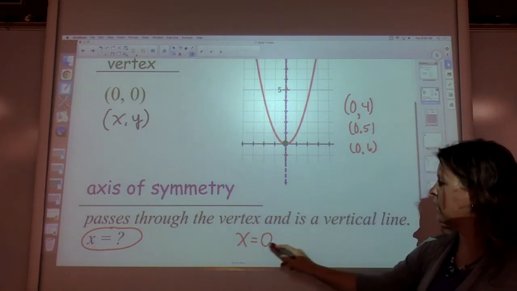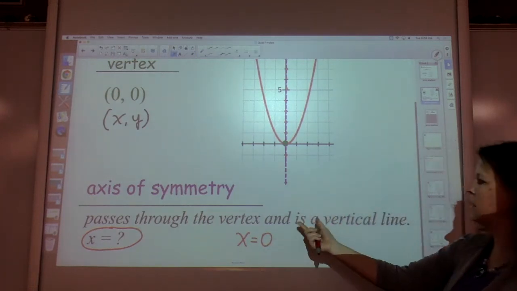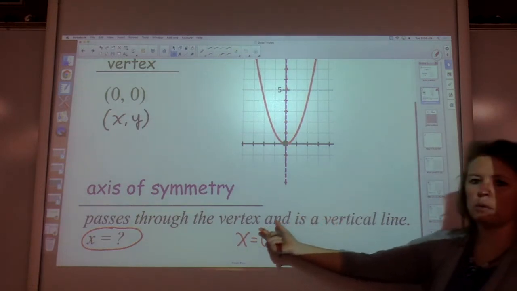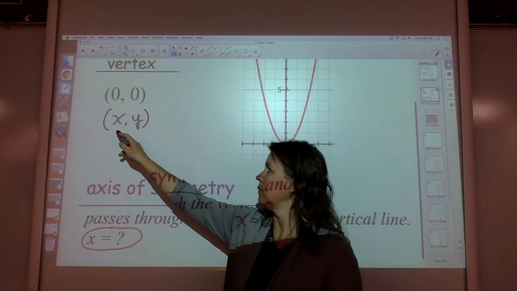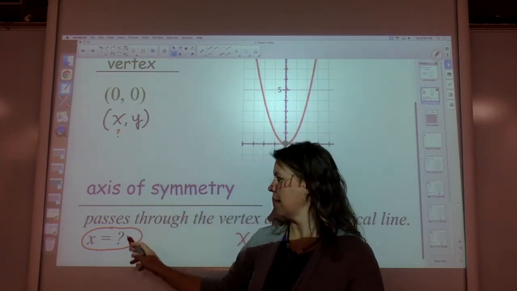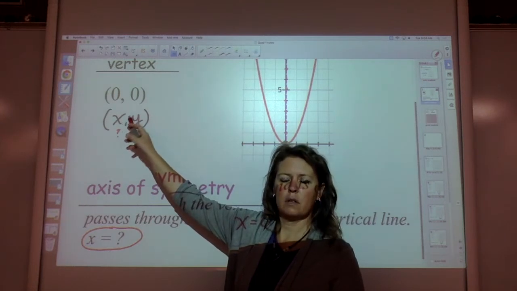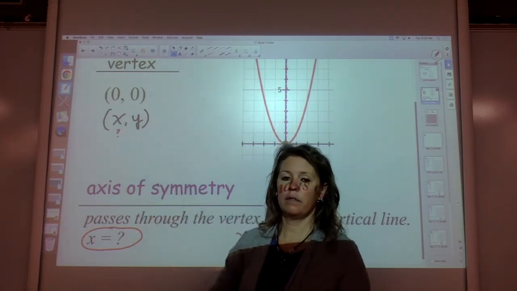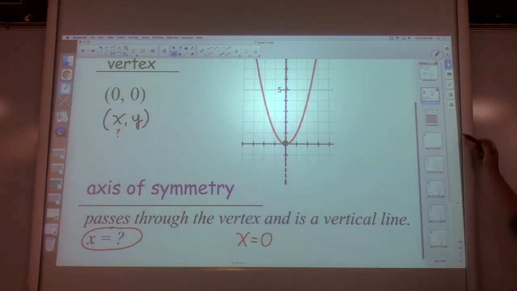So you say all of the x's equal 0. And it will just so happen, because it passes through the vertex, that x value will always match the x coordinate of the vertex. The vertex and the axis of symmetry have to match. It has to go right through.